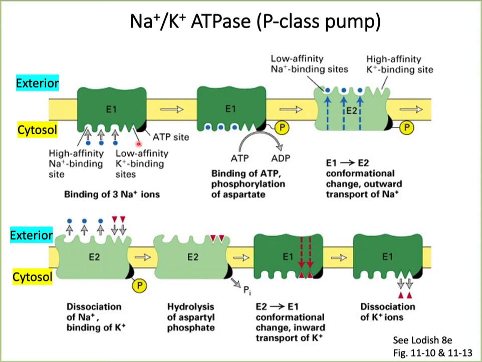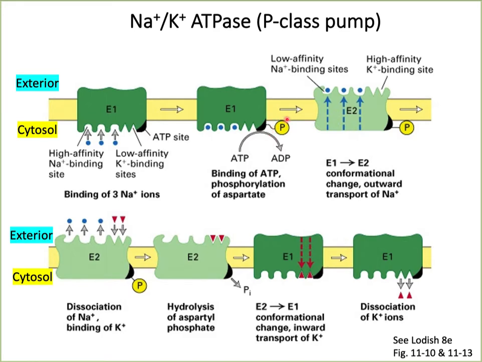So all 5 ion binding sites are facing the cytosol. Because these are high-affinity sodium binding sites, the E1 conformation of this pump readily binds 3 sodium ions, and when this happens, there is an ATP hydrolysis event, and one of the aspartates becomes phosphorylated on the transporter itself.